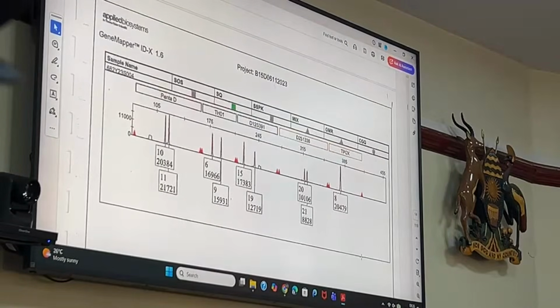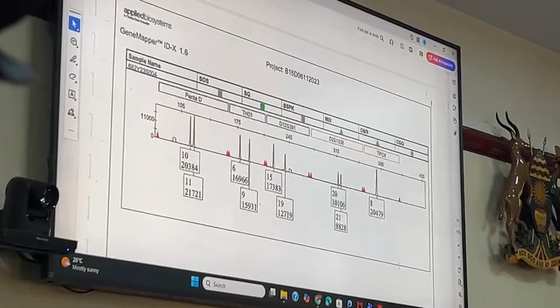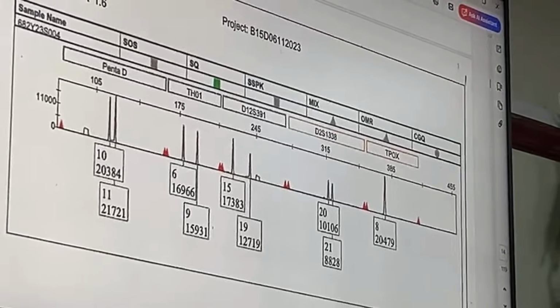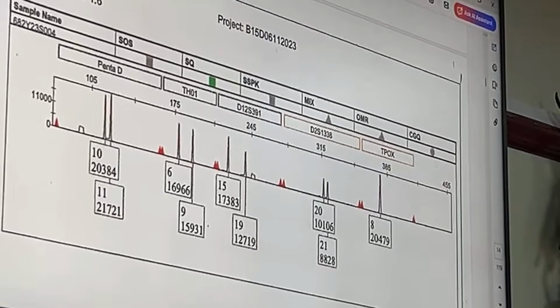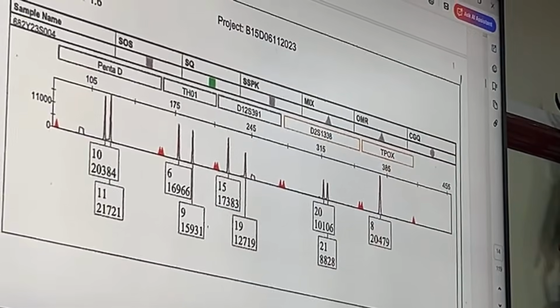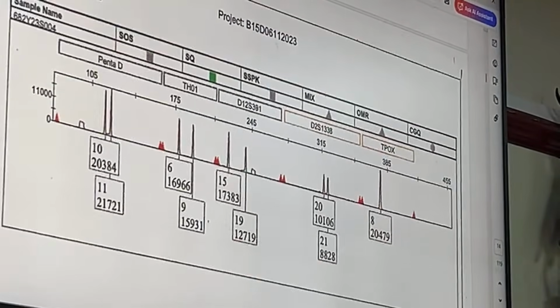But in respect of possible inclusion, the statistical evaluation is far more complex, and very specialist software must be used to compensate for the relatedness between the 2 individuals.